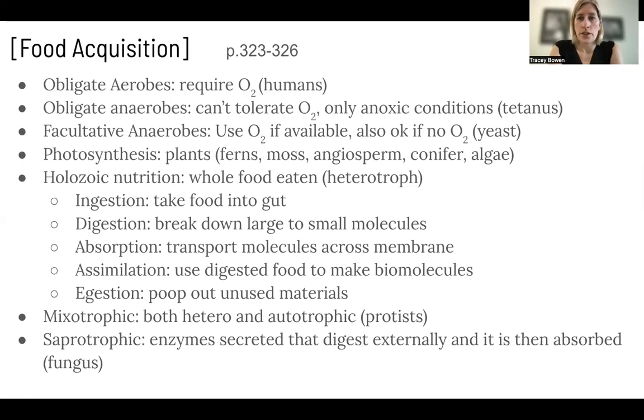So they're secreting enzymes externally to their bodies, and then they digest things externally. So this would be like mushrooms digesting dead organic material nearby. And then they absorb it through their mycelial network, which is kind of like the mushroom equivalent of roots, and absorb the digested materials into their mushroom bodies.